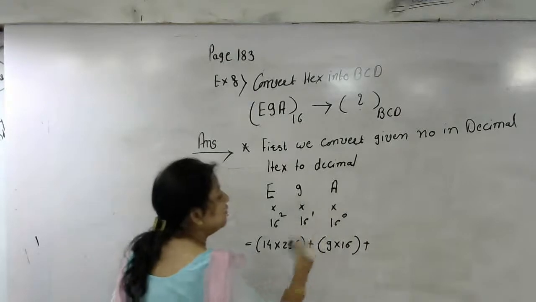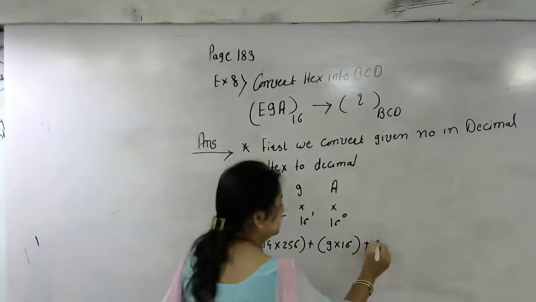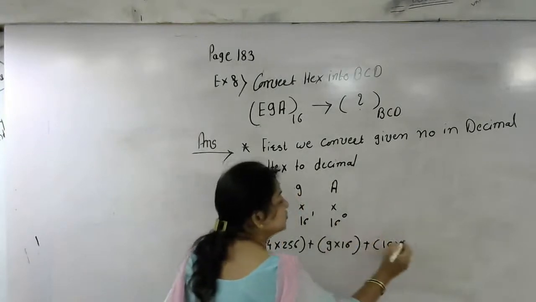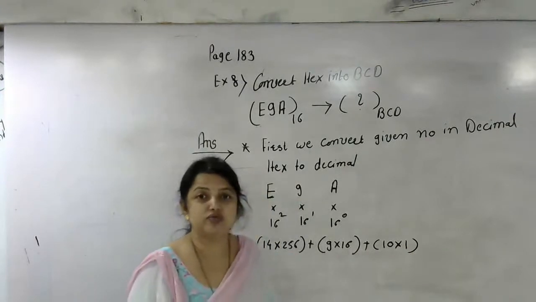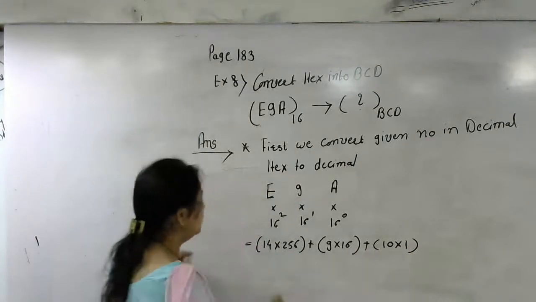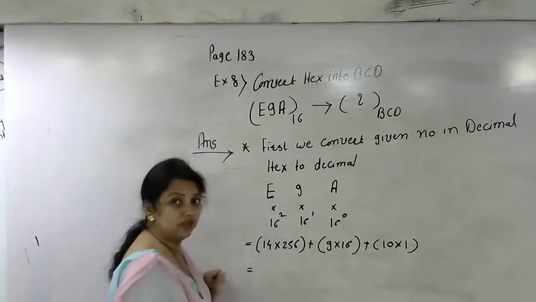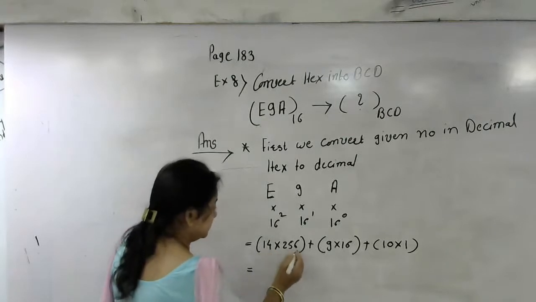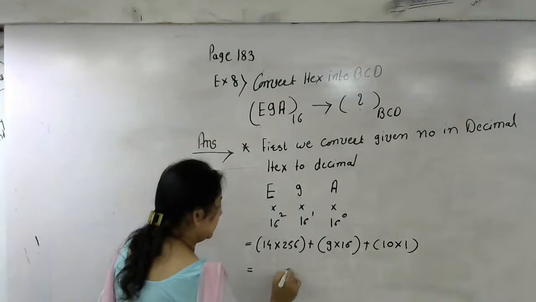What is the meaning of A? A means the number 10. Therefore 10 multiply, don't get confused here, 16 raised to 0 means 1. Don't take 16 here. So calculate this. You also calculate. 14 6s are 84.